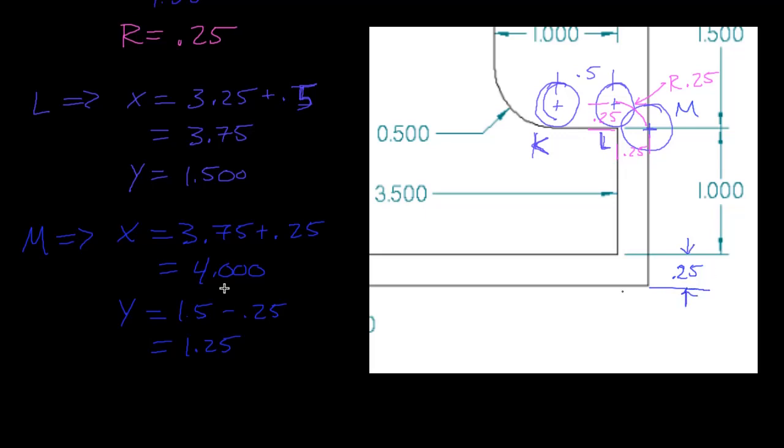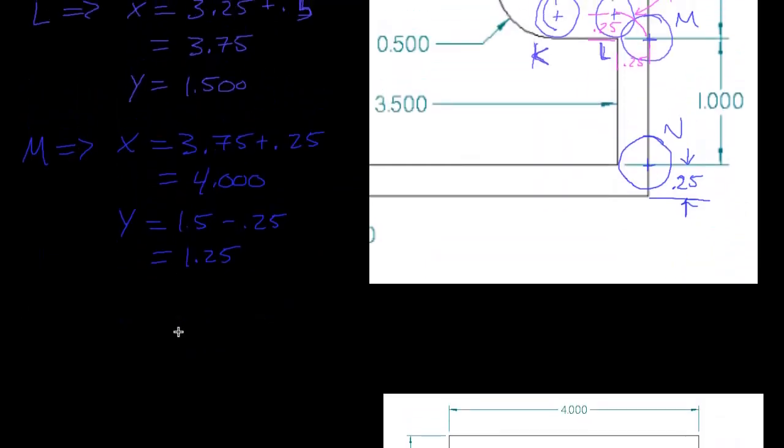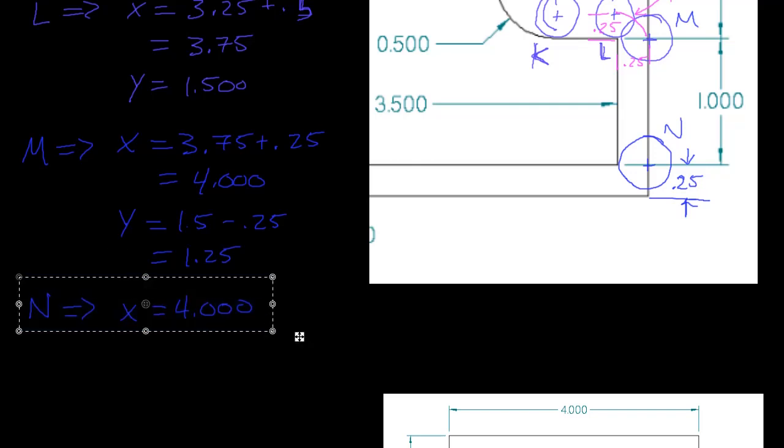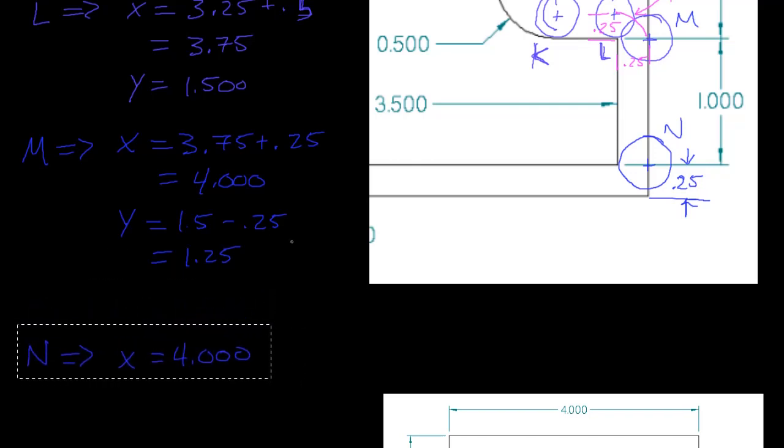So there we go. Okay, so then we're going to come down to point N. There's point N, and my x position doesn't change at all, which is nice, so I can just keep it at 4 inches. Oh, there's one thing that I forgot here, which is to write the arc that is between point L and point M. So R is equal to 0.25 inches.